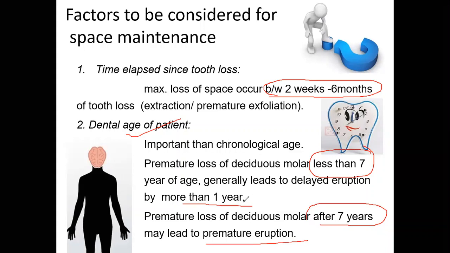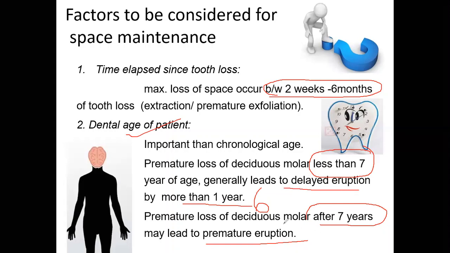Premature eruption of what? Premature eruption of the 6, the first molar, because we know the first molar erupts at the age of 6. If the deciduous molar is lost before the age of 7, then there will be delayed eruption of the permanent tooth at that space.